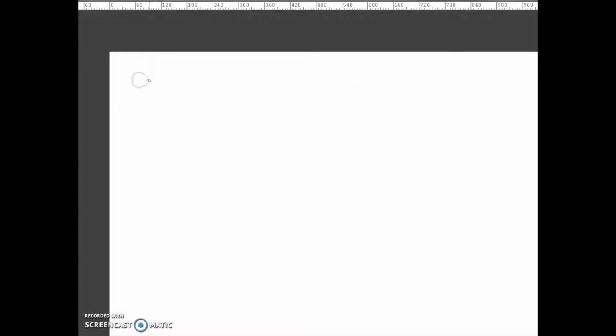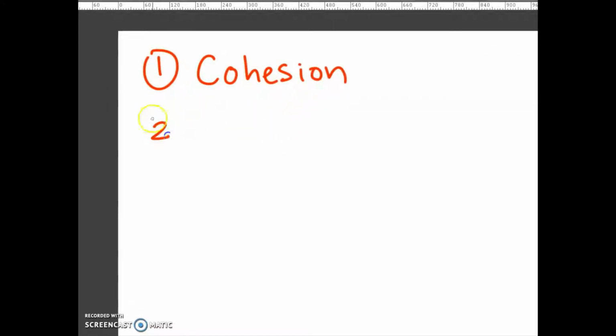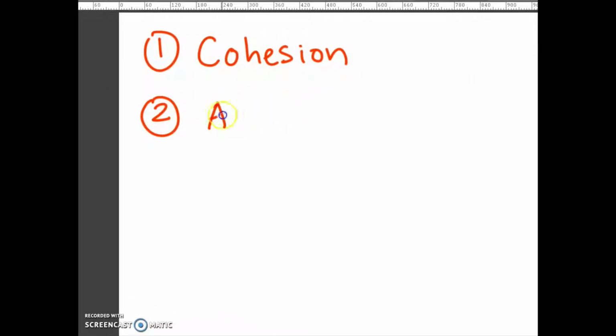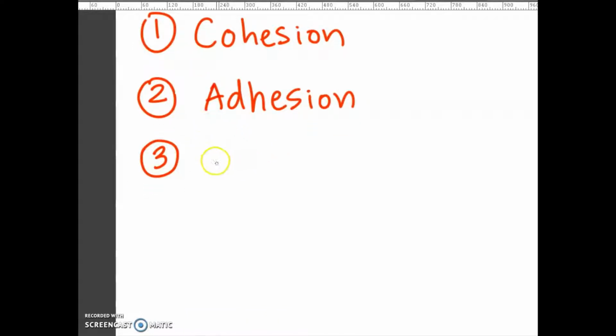Okay, so to review again the properties of water, number 1, it has cohesion, meaning water can bond, can interact with other water. Number 2, it can be adhesive, adhesion, meaning that water can interact with other things that are not water because of its polarity.